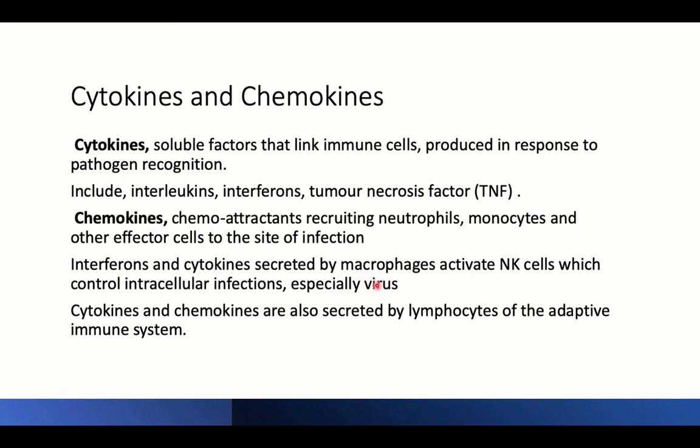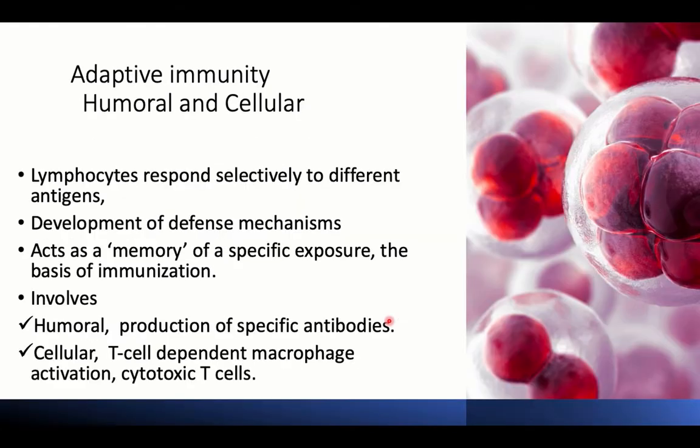We have mentioned the natural killer cell has a very important role against virus-infected cells and tumor cells, activated by these interferons and the cytokines secreted by the macrophages. Cytokines and chemokines are also secreted by lymphocytes of the adaptive immune system. So this was the innate immunity.